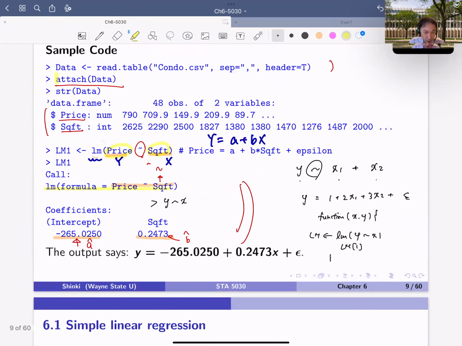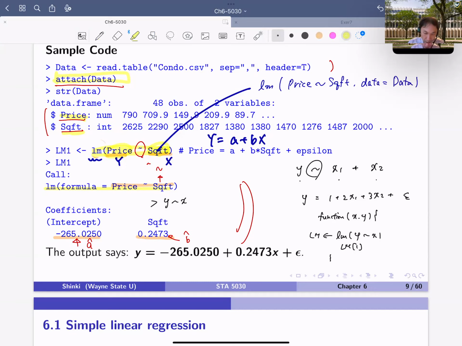And here we attached the data, and we write just the price and the square footage, since these two variables are within this data set. Actually, another possible notation is LM, sorry, LM of price over square footage, and you can specify data is equal to this data.